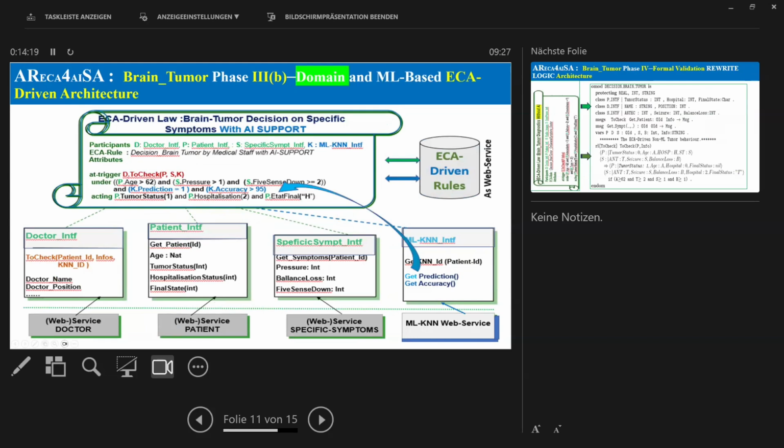So now the domain expert will not be based only on his judgment using the information of the patient, but also on the result he gets from the previous phase. For instance, he wants to say that the accuracy should be more than 95 to state that the patient is suffering from a tumor.